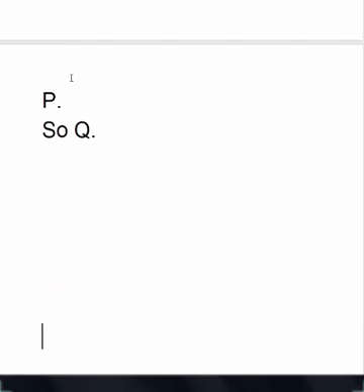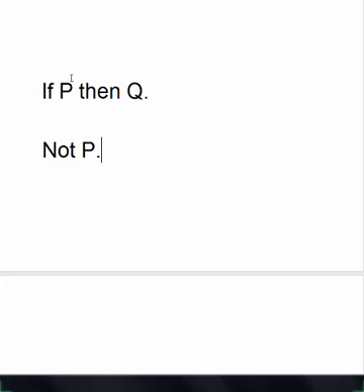Okay. Let's think about some other possibilities. Again, starting with our conditional, if P, then Q. Say that P is not true. In logical shorthand, not P. Then what can we infer?